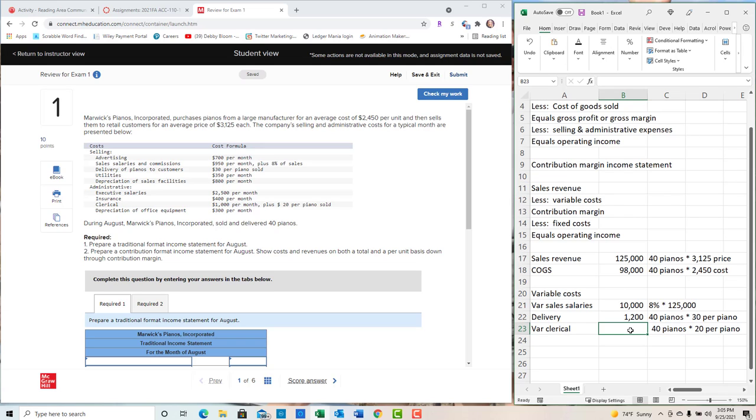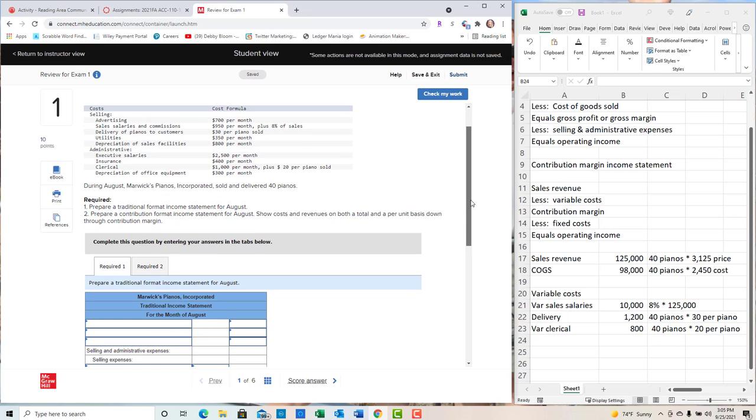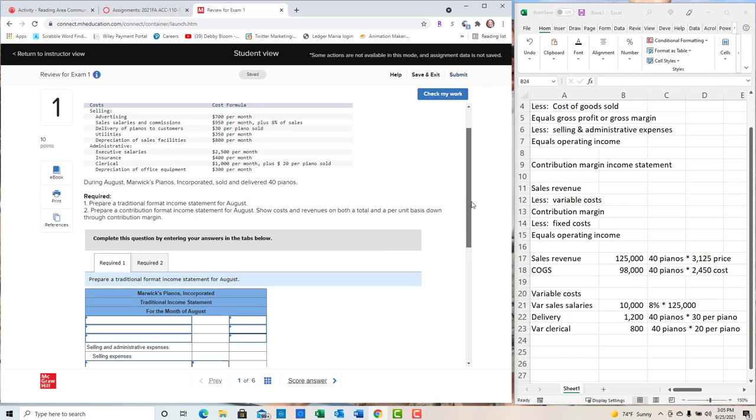So if I take the 40 pianos, multiply that by 20 per piano, I have variable clerical costs of $800. Now we have enough information that we can fill in our income statement.